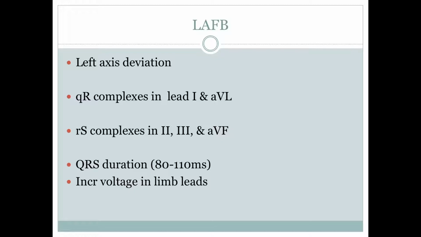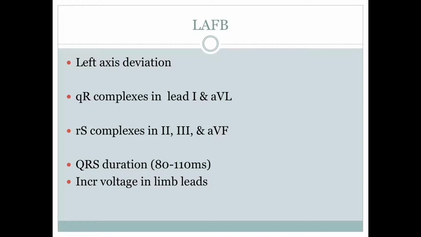So looking into how to diagnose it, what you'll end up seeing is a very small Q wave in lead 1 and AVL, and in that same lead you'll see a pretty big R wave. And I don't think there's a height criteria or a millimeter criteria. It's basically just if you see something that kind of fits the pattern, you can say that there's a left anterior fascicular block.